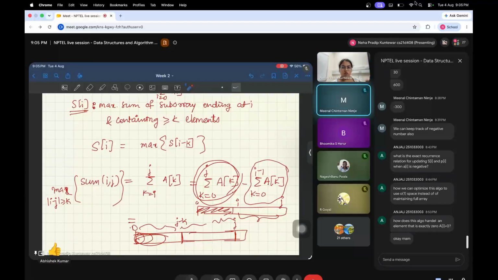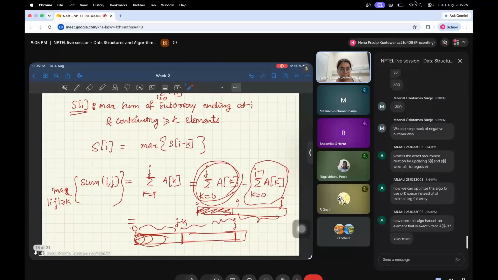Okay, so that means this is a fixed quantity, and because I want to maximize this sum, that means we want to minimize this quantity, right? So your task really is to find the correct value between 0 to j minus k whose sum is as small as possible.